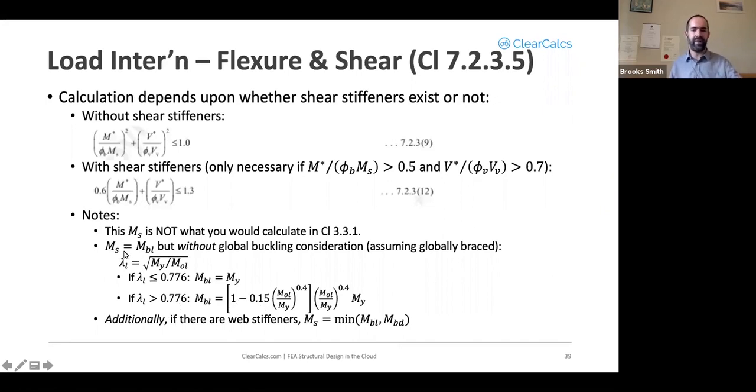So essentially, the M sub S in here is equal to your local buckling capacity, but using M sub Y instead of M sub BE, and not including inelastic reserve capacity.